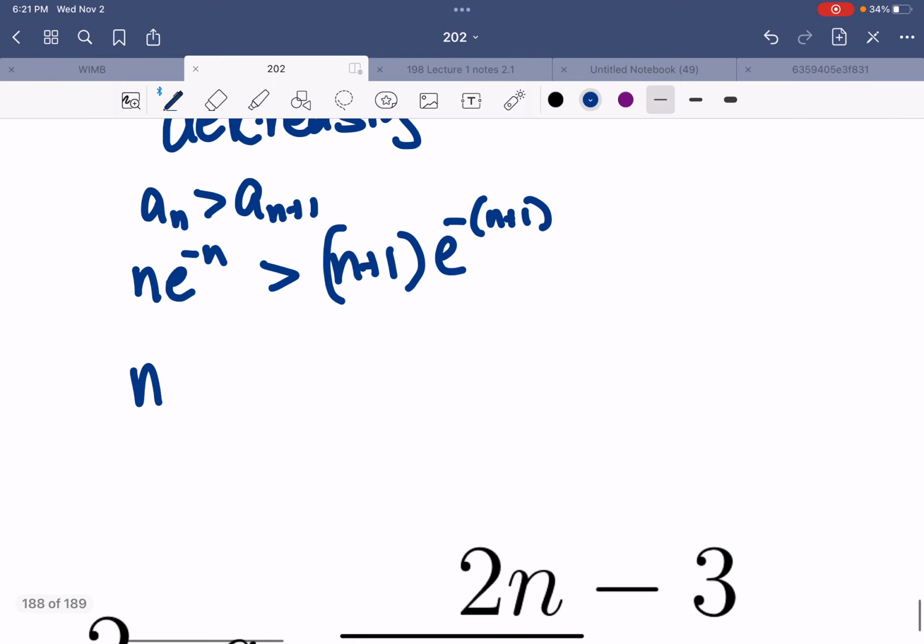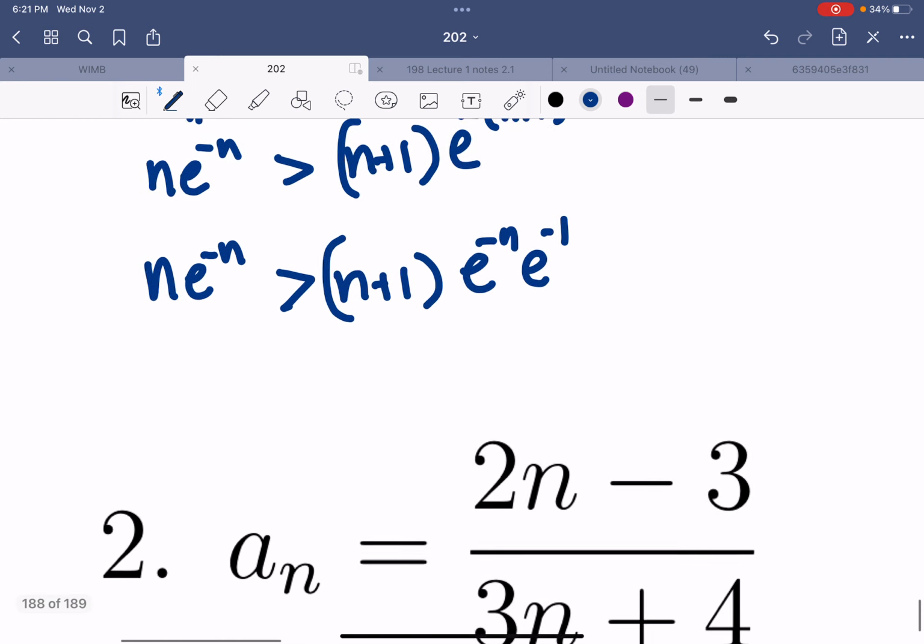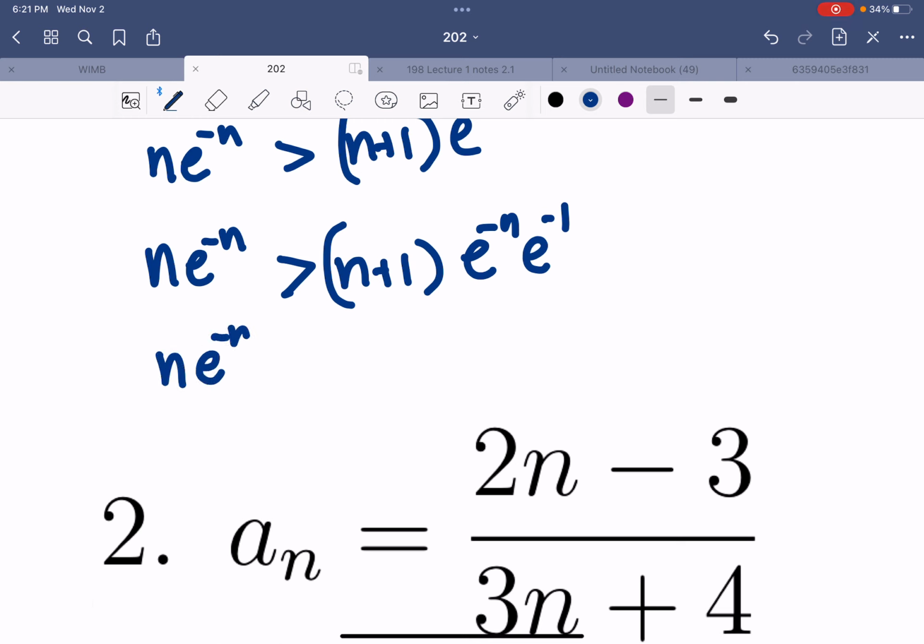Which is n e^(-n) being greater than (n+1) e^(-n) e^(-1). If we distribute, this is n e^(-n) e^(-1) plus e^(-n) e^(-1).